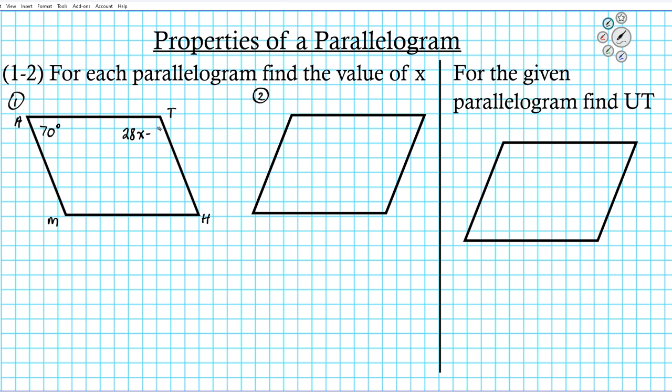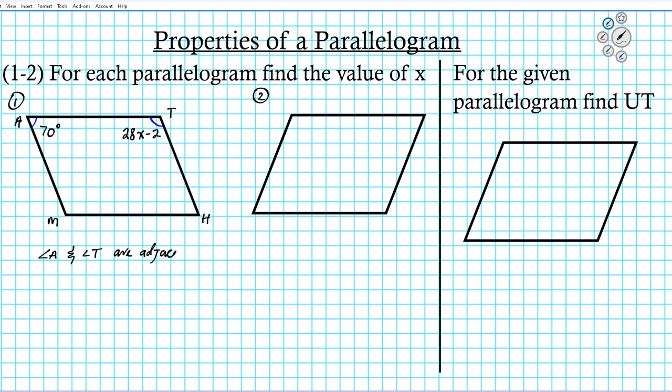For number 1, these are the two given angles, the one that we know and the one where x is one of its components. What's the relationship between these two angles? These angles are next to each other, so they are adjacent.